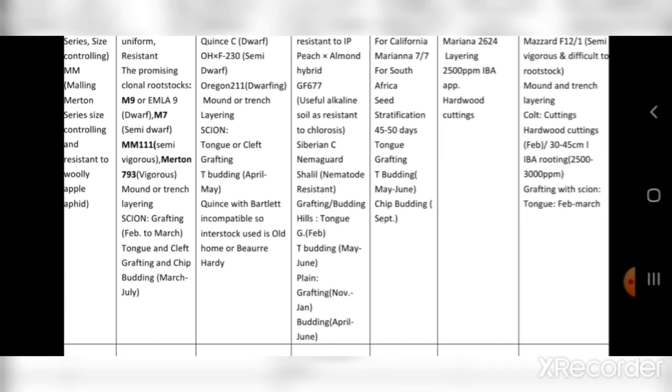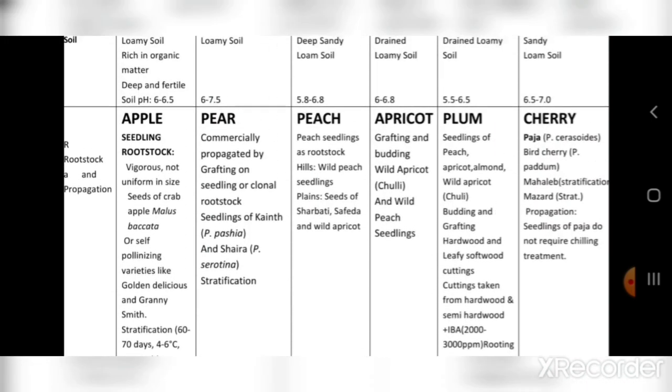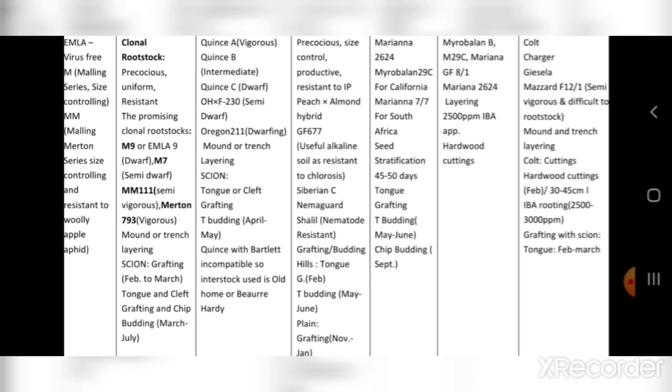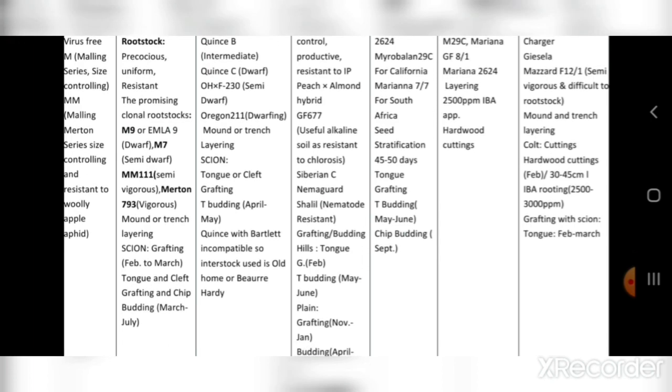Best chip budding is done in June only. So then comes the plum. Plum is Myrobalan B, Myrobalan 29C, and Mariana GF 8/1, Mariana 2624. Layering can be done here. 2500 ppm IBA, indole butyric acid, rooting hormone, is applied to hardwood cuttings.